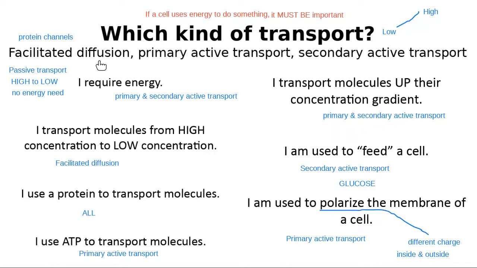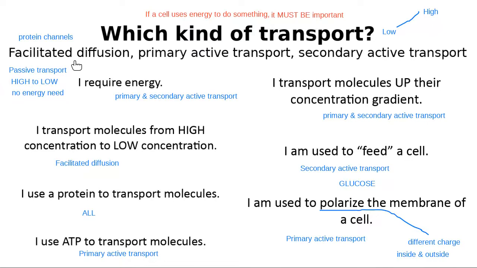When you're looking at the graph on a neuron and it goes from negative 70 up to positive 30, it does that because I opened up a channel for sodium, and sodium so badly wanted to go from the outside where there's a high concentration to the inside where there's a low concentration, that all of these positives rushed inside, no energy required, because we were going from where there's a lot to where there's a little. And they brought their positive charge with them. So the process of depolarizing the membrane, we use facilitated diffusion for that.